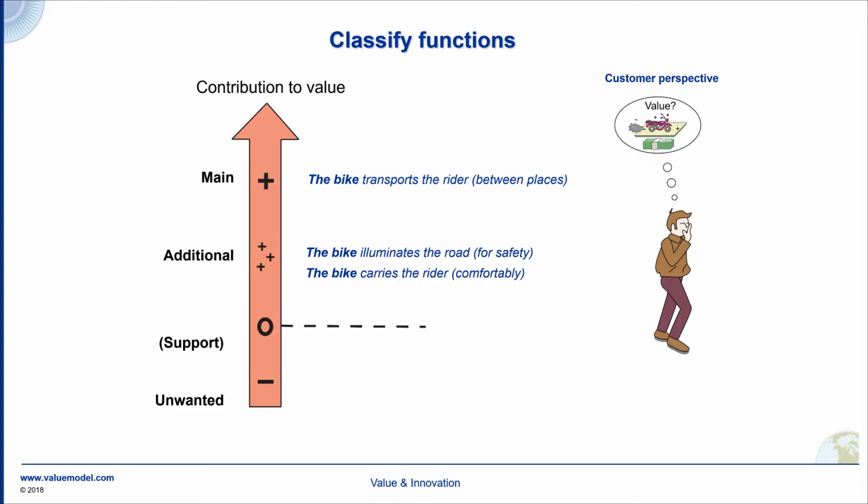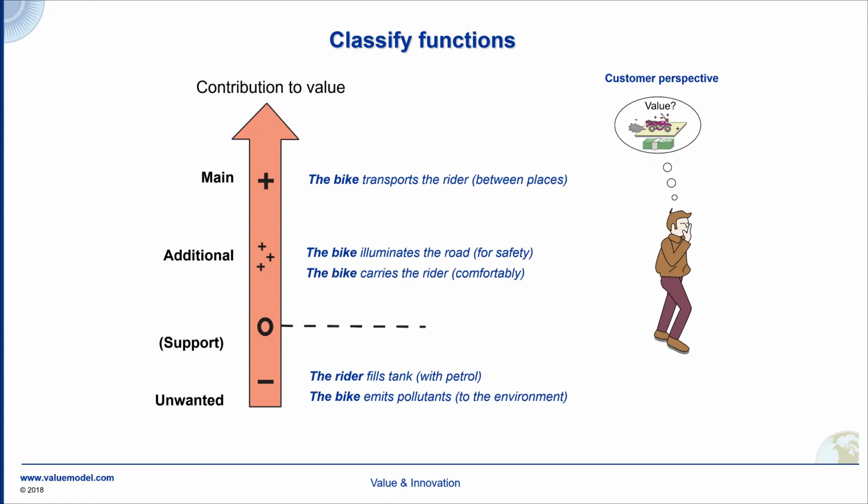Secondly, we have additional functions that contribute to customer value if the benefits are valued more highly than the cost of supplying them. Thirdly, we have unwanted functions that reduce the value because they irritate the user, create disadvantages for the user, or are harmful to the user or the environment.